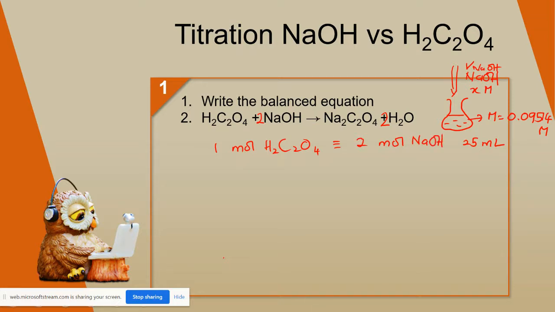And remember, how do we calculate mole? We know the volume, 25 ml, and we know the molarity. So n is just M times V. We have 0.025 liter, that is the volume, times the molarity.